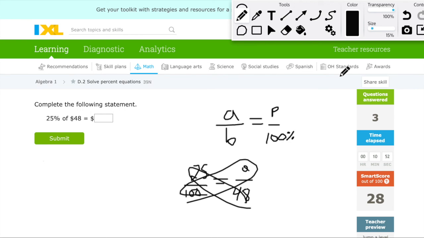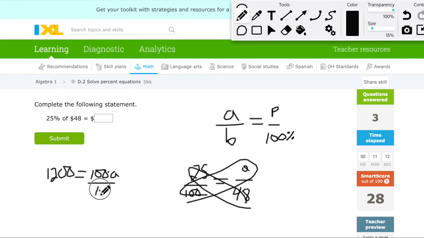25 times 48 is 1,200. Equals, and then just 100 times A. We don't know what A is yet, but that's what we're looking for. We want A by itself, so we got to get rid of this 100.